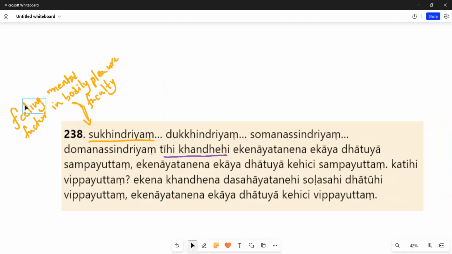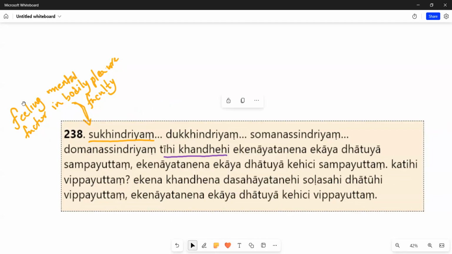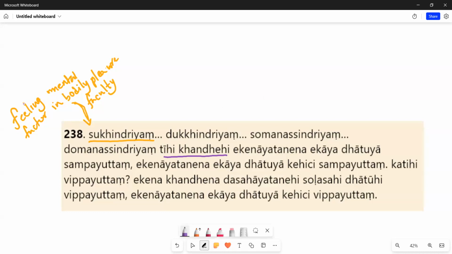Feeling means the feeling aggregate. So tihi khandehi means it is associated with three aggregates.